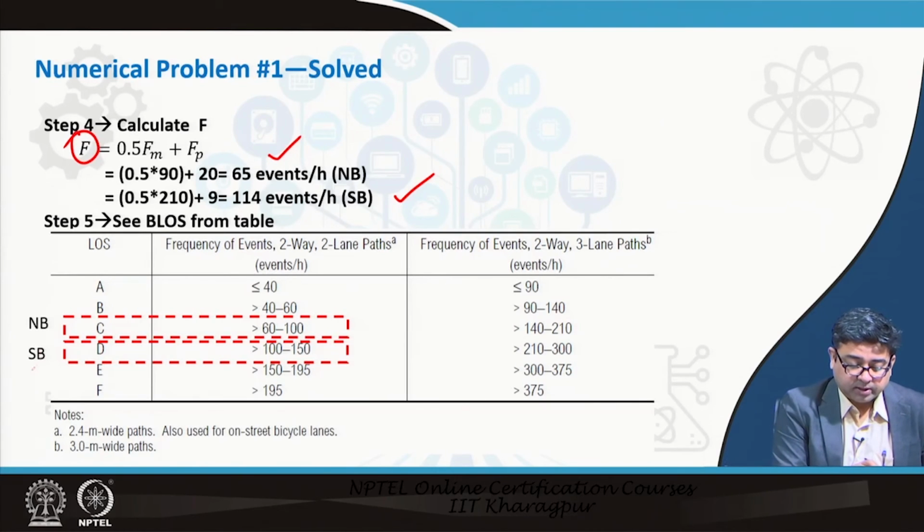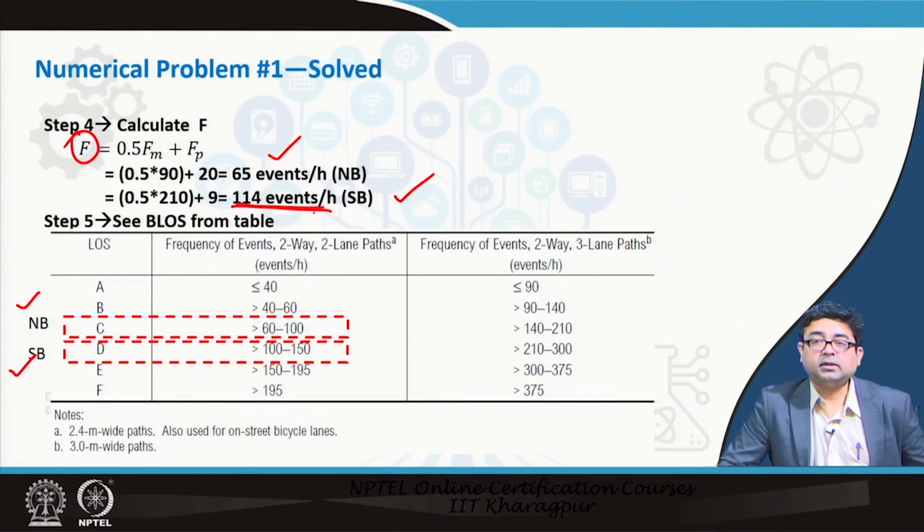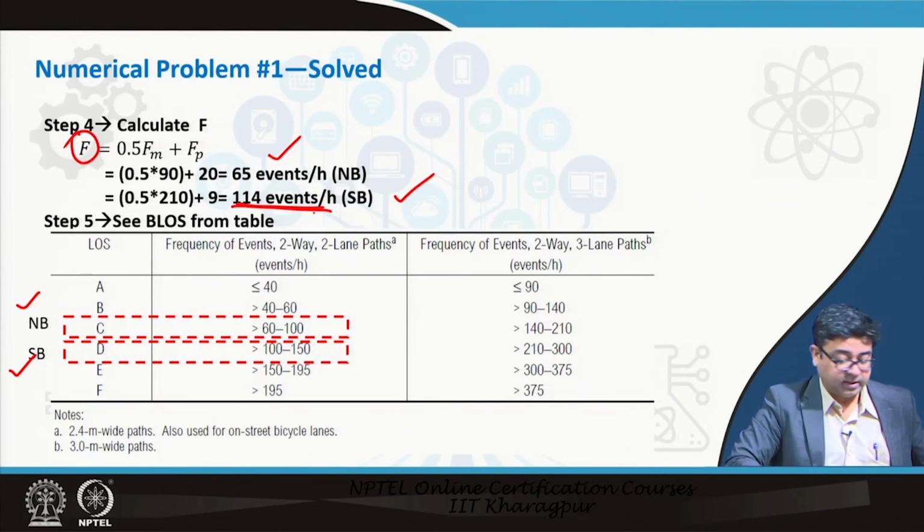So, the northbound and southbound have two different levels of service, where you see that the southbound has a poorer level of service because it has higher events per hour that it is facing. So, you can even know it per direction. If you have bidirectional flows, you can even know the level of service in two different directions.